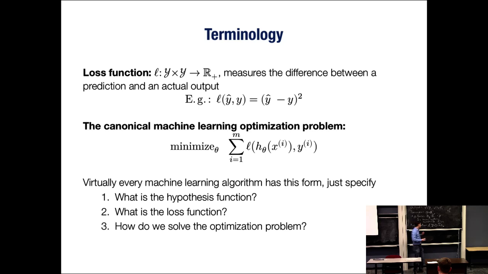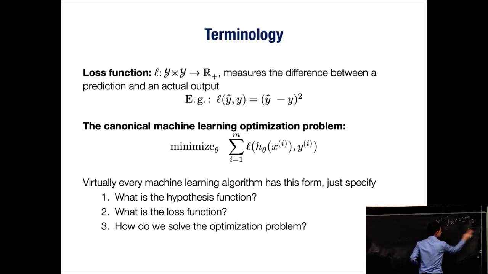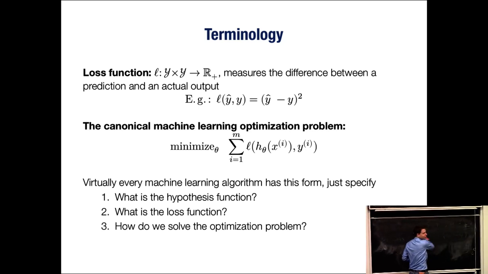So that's our loss. And now I am finally ready to write every machine learning algorithm that there is. Sort of. There are a few changes, but this is pretty much it. The canonical machine learning problem is we want to minimize over theta.